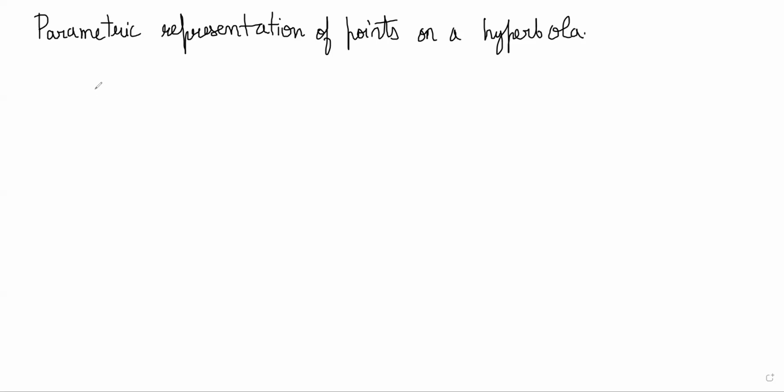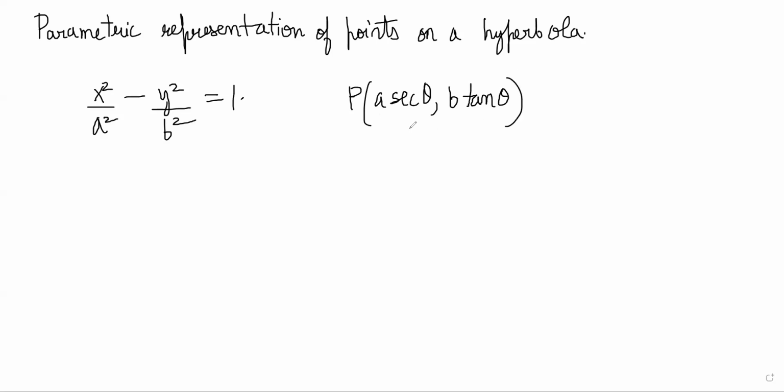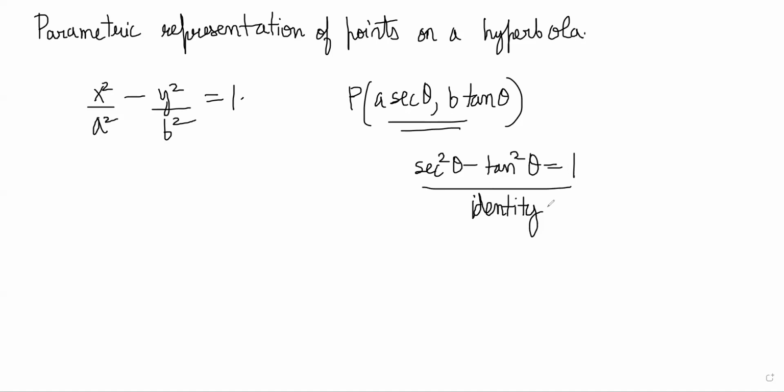So if you have x squared by a squared minus y squared by b squared equals 1, the parametric representation for any point on the hyperbola is a sec theta comma b tan theta. Why? Because if you put a sec theta comma b tan theta in this, you will get sec square theta minus tan square theta equals 1, which is true by identity. So that means that any point of this form always lies on the hyperbola.